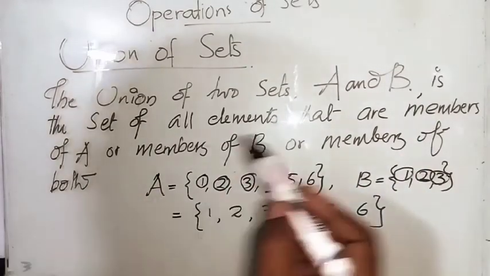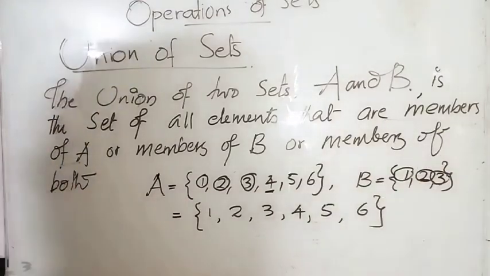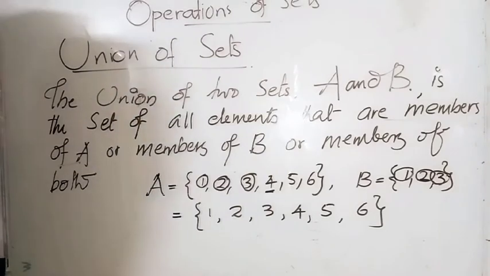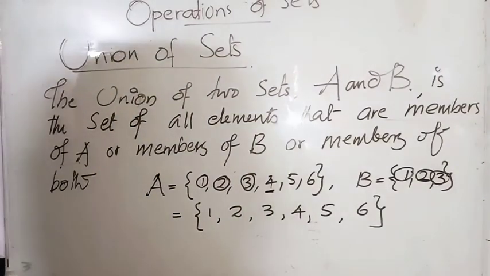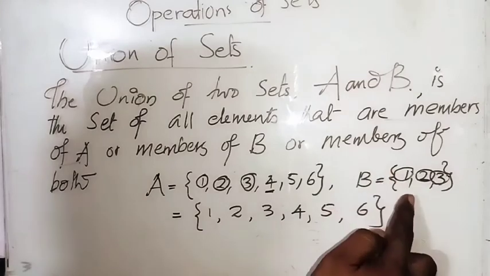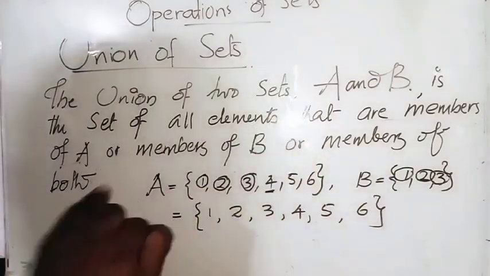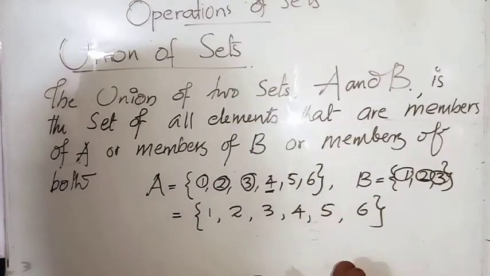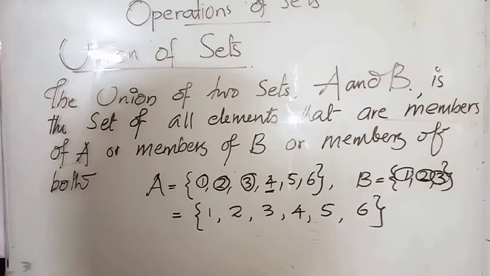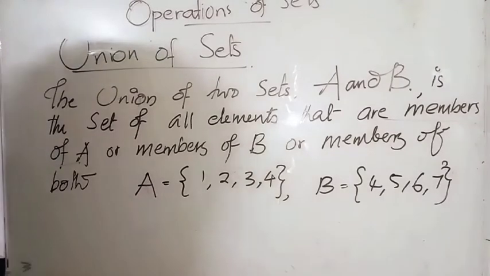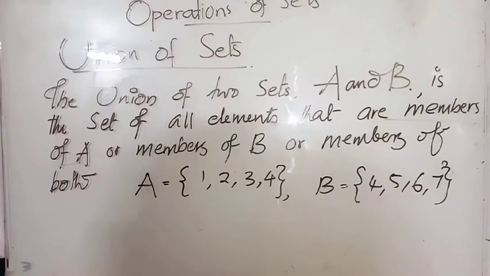Because this sentence is given here because if A is the universal set, we discussed about universal set in the last class. As A is the universal set, A union B makes set A. If B is the universal set, A union B makes set B. If both are two different sets, for example, A is set 1, 2, 3, 4 and B is set 4, 5, 6, 7.